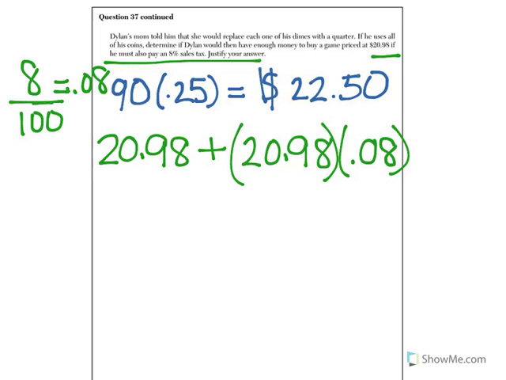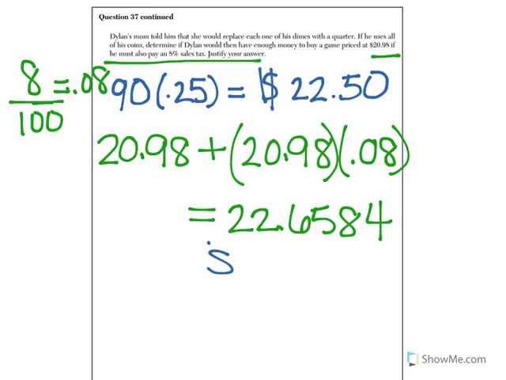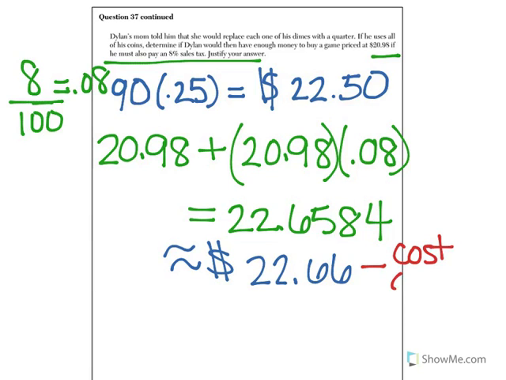Now, when I add all these together and I multiply, I end up with 22.6584. Now, if we're talking about money, that's going to have to round, and so that's going to be around $22.66, and this is talking about the cost of this game.